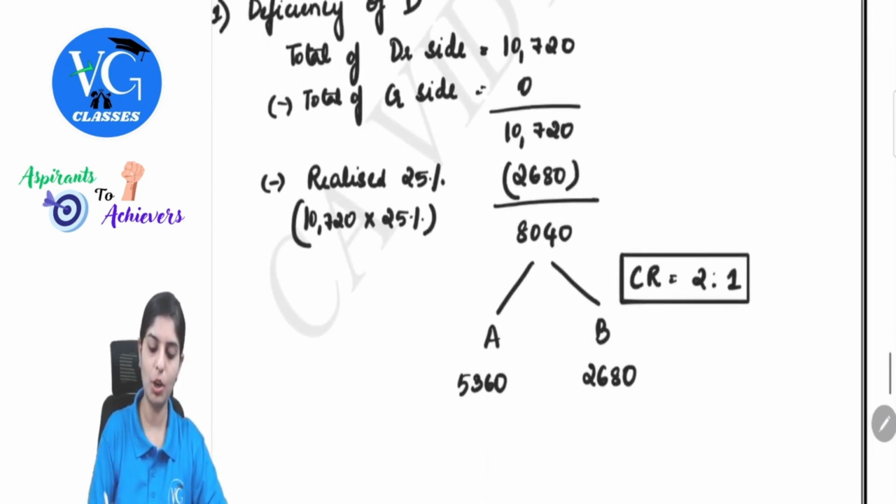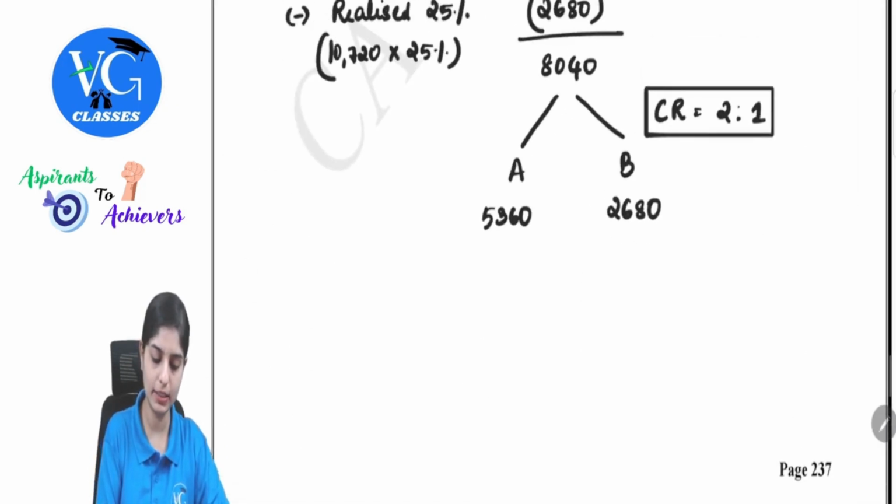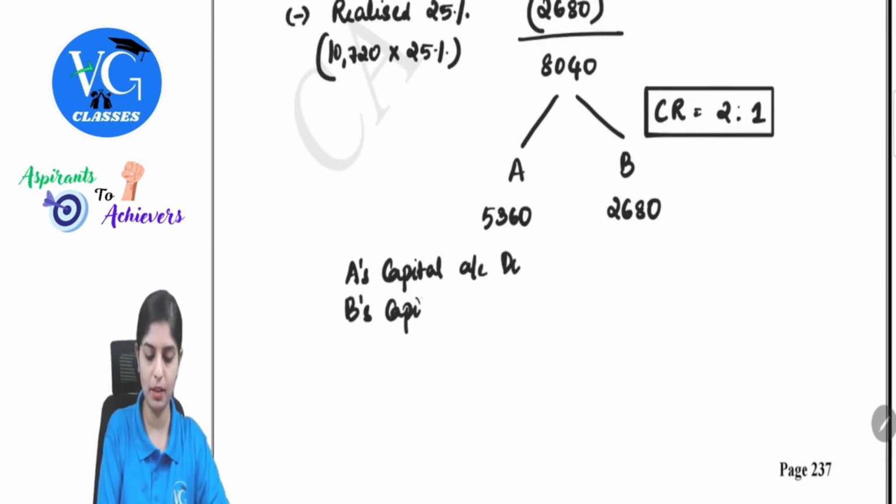2680. Now what will be the entry for this? A's capital account debit, B's capital account debit, to D's capital account.